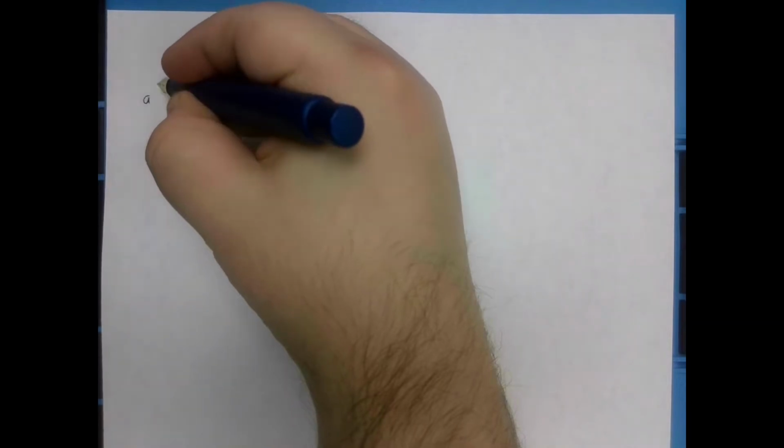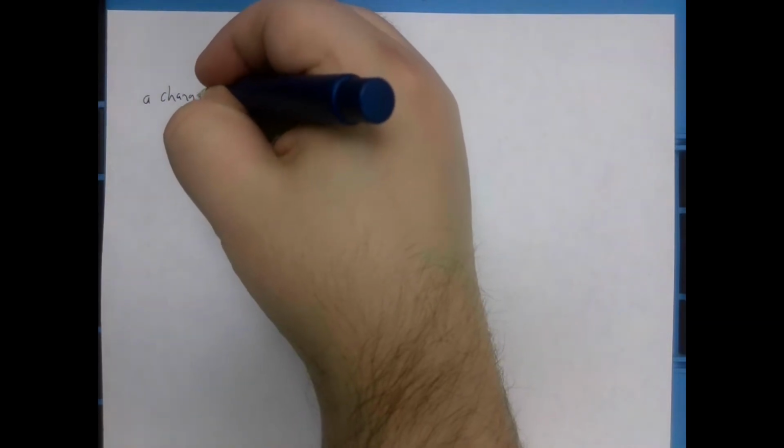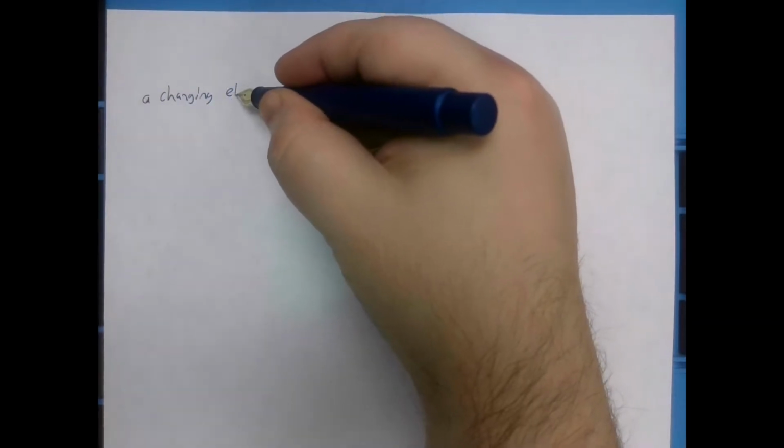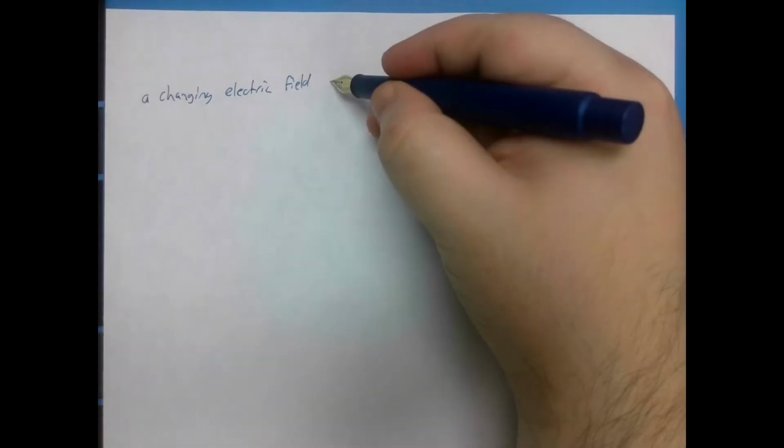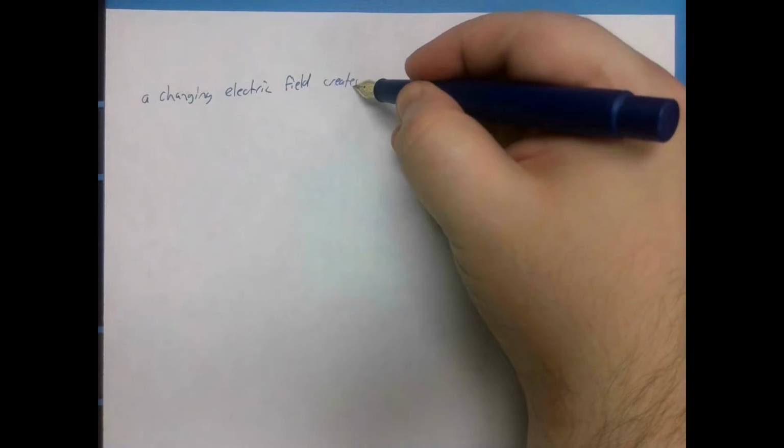So, how are magnetic fields actually made? A changing electrical field produces a magnetic field.